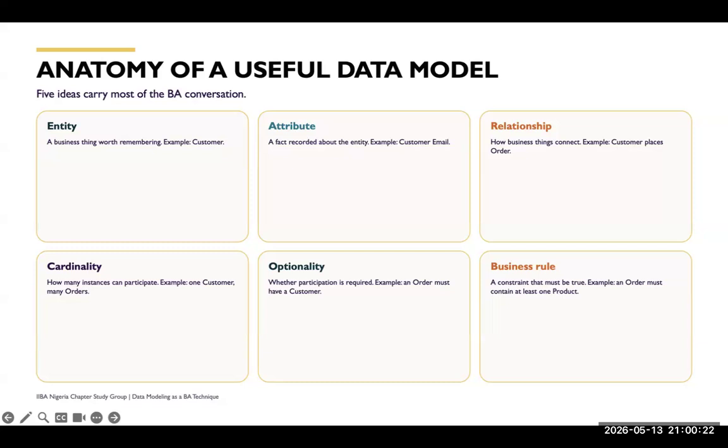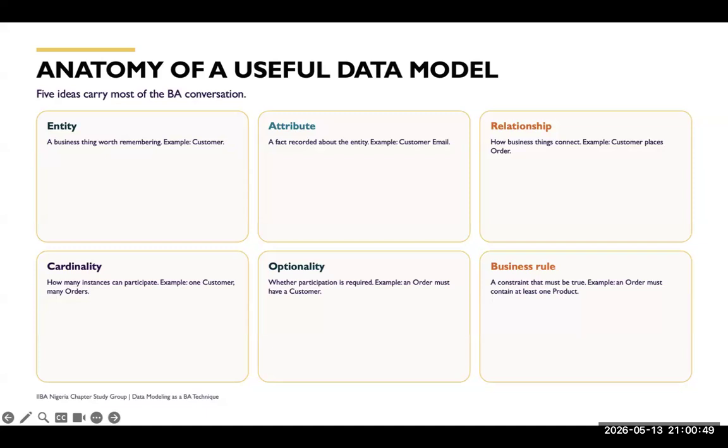And as we can see, an entity is a business thing worth remembering. We had Lyle tell us customer in the chat. That business has a customer. A hospital, in Adedeji's case, would have a patient, for example. That's an entity, right? Now we have attributes.